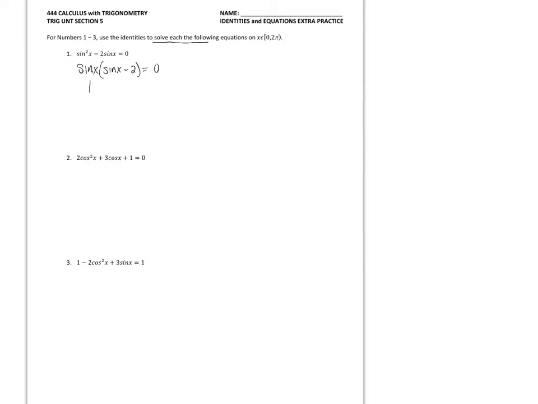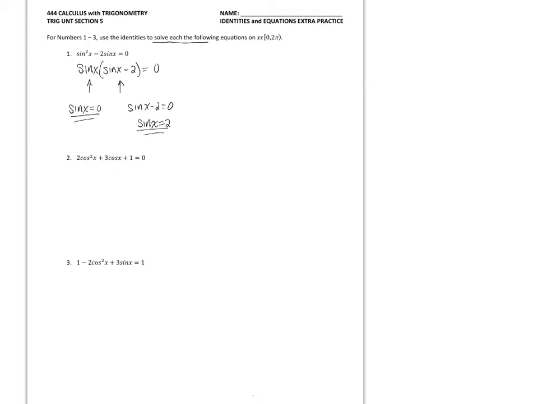And then all we have to do is take a look at each factor and set each factor equal to 0. So we have either the sine of x equals 0 or the sine of x minus 2 equals 0. For the sine of x minus 2 equals 0, we add 2 to both sides and we get sine of x equals 2. So we have our two issues here.